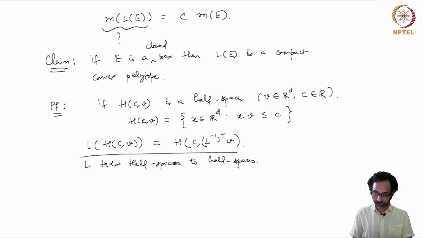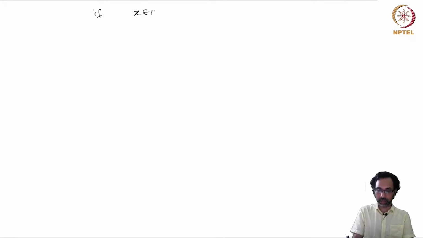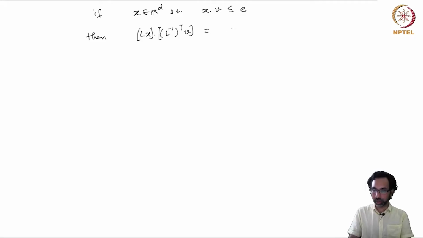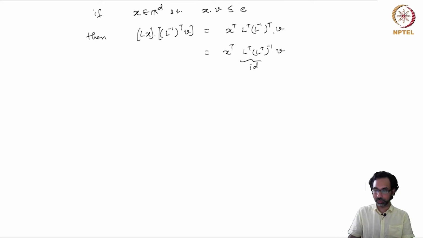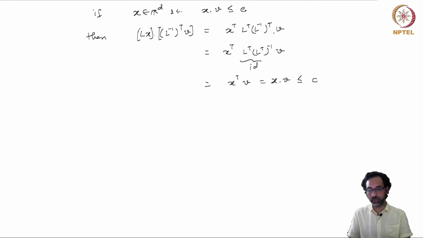This is pretty straightforward, because if X is in R^D such that X dot V is less than or equal to C, then LX dot L inverse transpose V, by definition of the inner product, is X transpose L transpose L inverse transpose V. L inverse transpose is L transpose inverse, so this is X transpose V, which is just the dot product of X and V, and this is less than or equal to C.